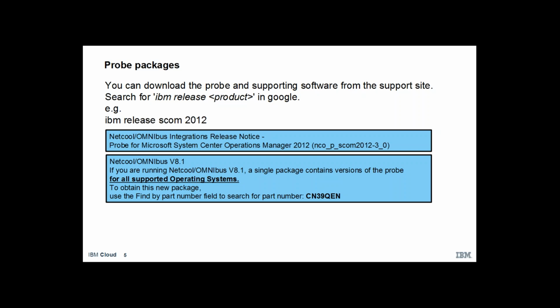In this case, I've done a search for the SCOM 2012 probe, and in there you can see it will have a release notice item within the browser. You just click on that and it will show you the full page from the support site, and in there you can check for the V81 packages. In this case you can see the part number down towards the bottom, CN39QEN.